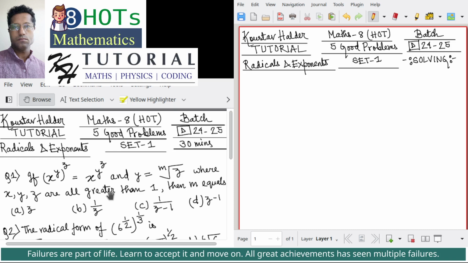let me give you a brief about what is a radical form and what is an exponential form. So let's say x is a non-zero rational number, x not equal to 0, and let's say m, n, and p are some positive integers.